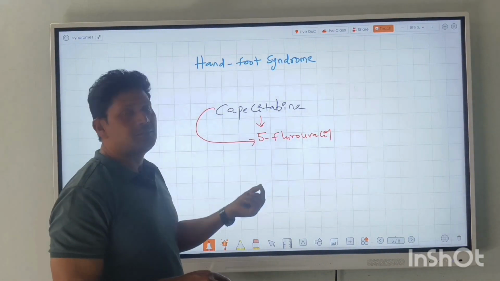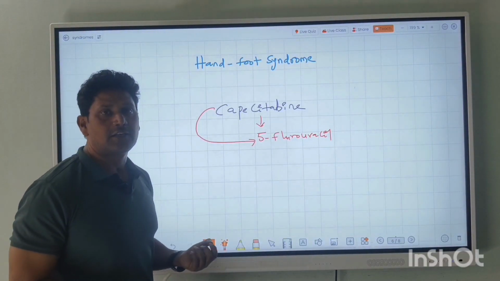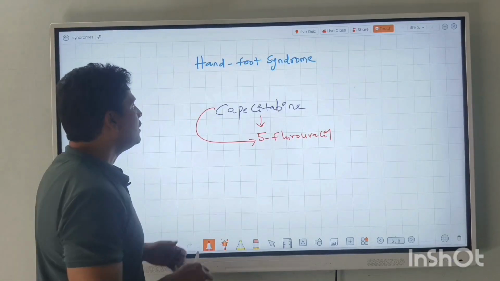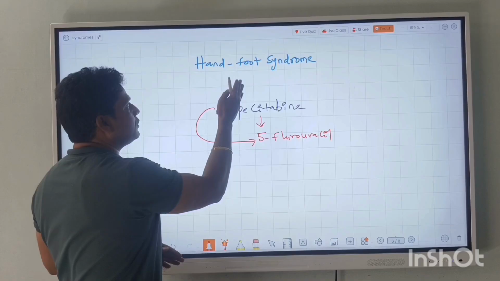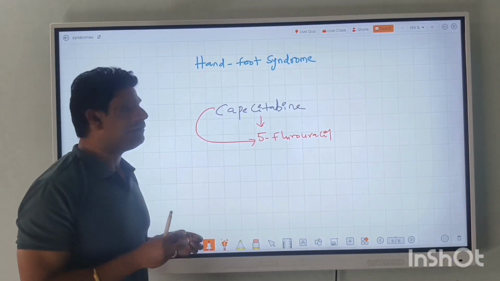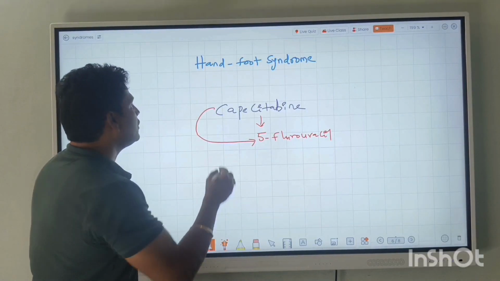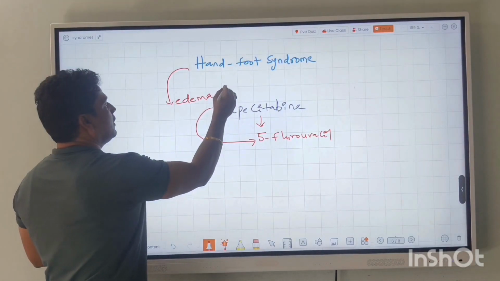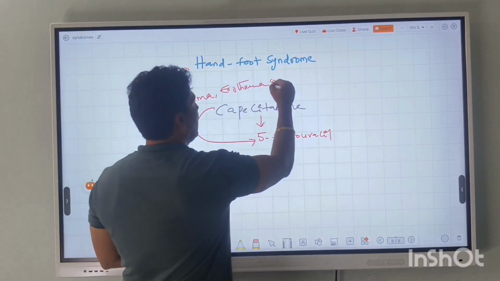This capecitabine is mainly used to treat colorectal cancers, esophageal cancer, gastric cancers, and breast cancers. So the regular usage of capecitabine produces hand-foot syndrome because the drug is concentrated in the hands and feet. So the symptoms include edema and erythema and pain.